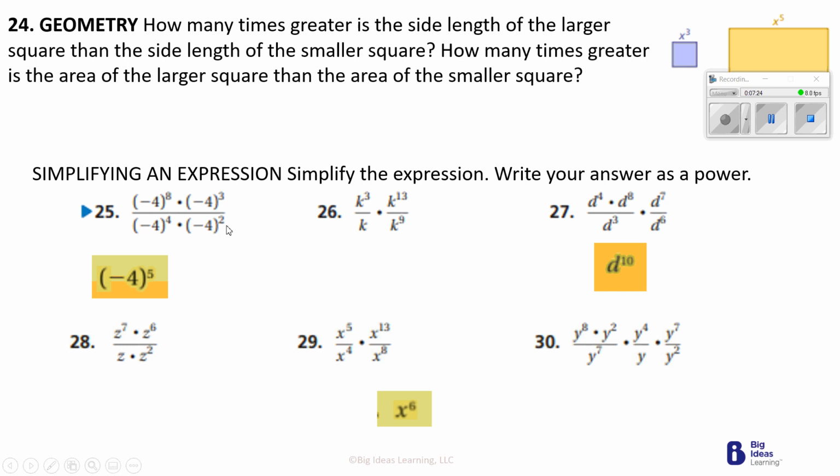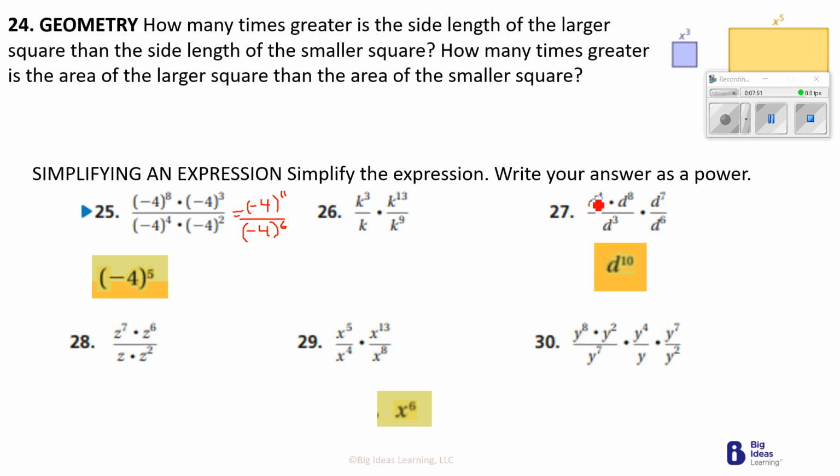And 11 minus 6 is going to be 5. I'm just going to write that out so you can see where we're coming from. This would equal negative 4, in parentheses, to the 11th power, over negative 4 to the 6th power. And since we're dividing now, we subtract the exponents. 11 minus 6 is 5.